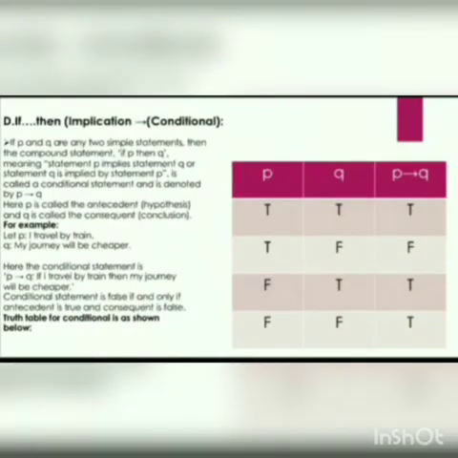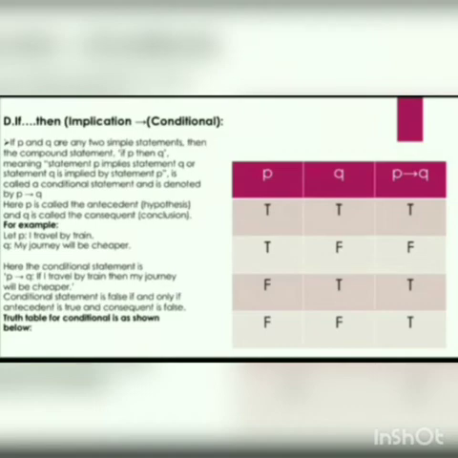The fourth logical connective is if then, which is implication or conditional. If P and Q are any two simple statements, then the compound statement if P then Q, meaning statement P implies statement Q or statement Q is implied by statement P, is called a conditional statement and is denoted by the given symbol.